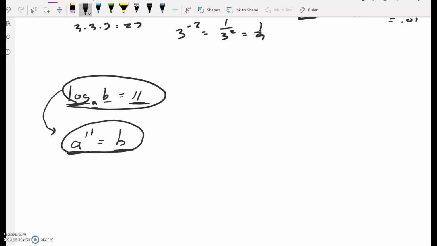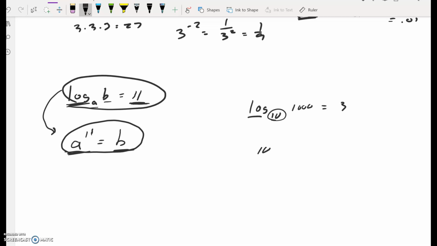So let's try it one more time. Let's have the log base 10 of 1,000 equals 3. Let's turn this into an equation. This is the base.